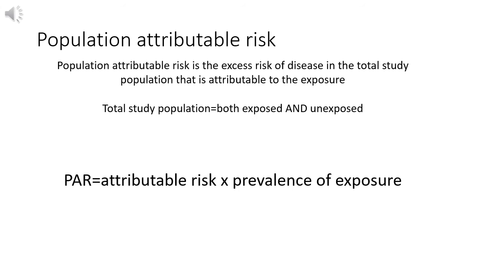In this case, we calculate population attributable risk, which is the excess risk of a disease in the total study population that is attributable to the exposure. With total study population, I mean both exposed and unexposed people. Population attributable risk is calculated as follows. We multiply the attributable risk by the prevalence of exposure.